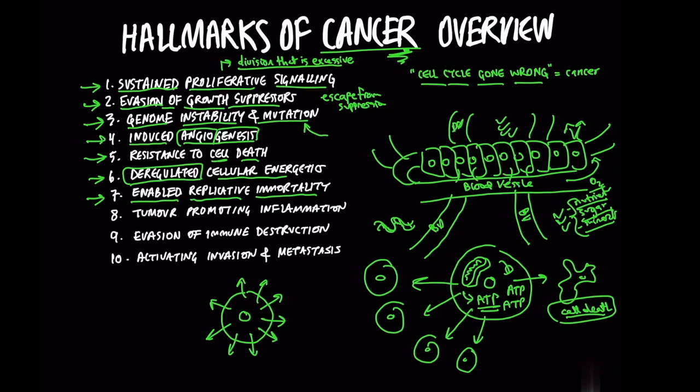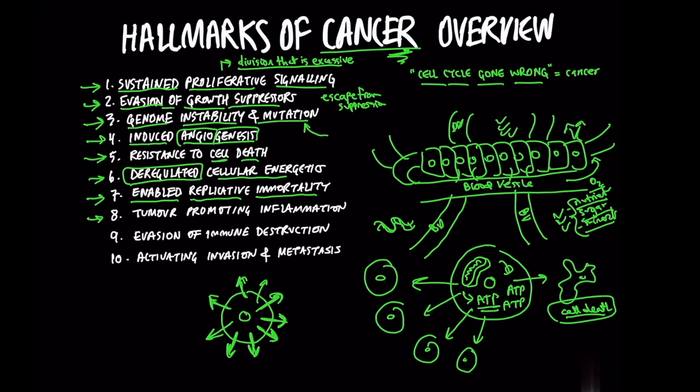So the extended division is abnormal, right? And there's a lot more detail to each of these, but really we're simplifying this for the sake of being an overview. Each and every cell in our body has a limit to the number of times that it can divide, but cancer cells can evade that and enable division many more times than what is considered normal.